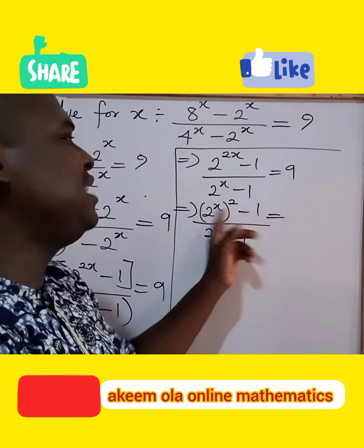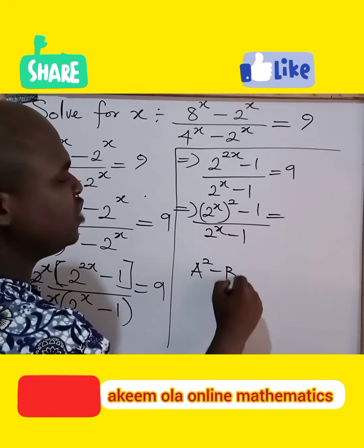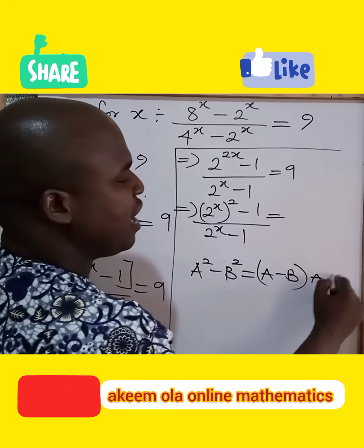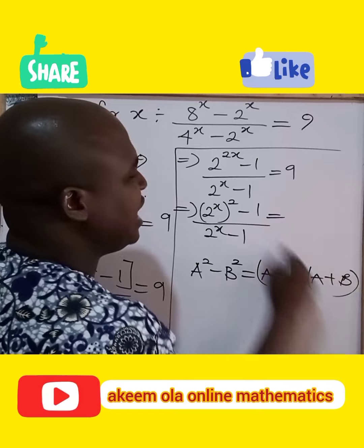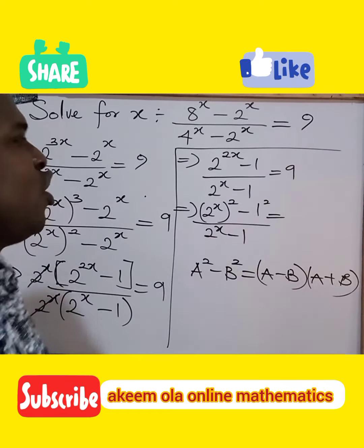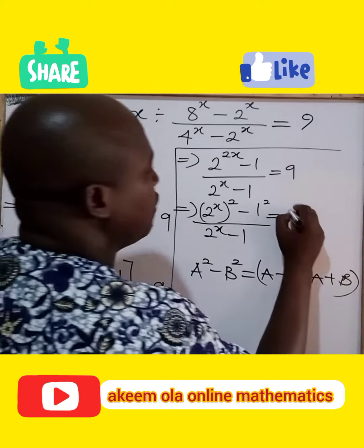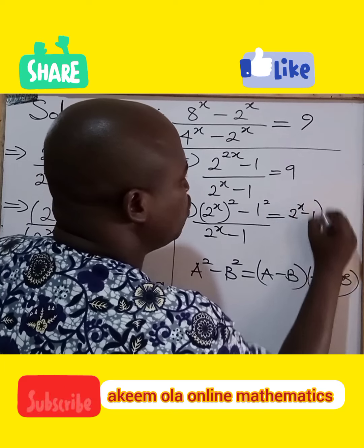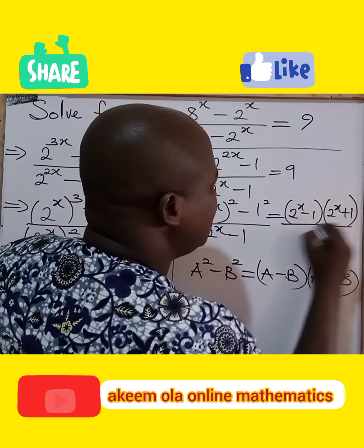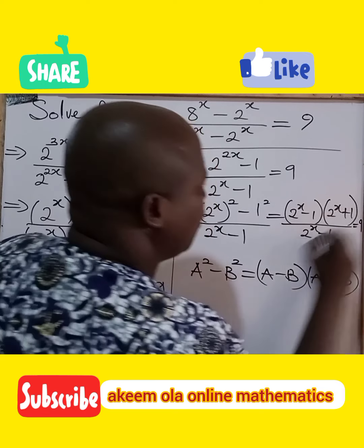We can still simplify this further: when you have a square minus b square, that will be equal to a minus b, a plus b. I can put a square here, it will not affect this equation, 1 square will still give me 1. That means I'm going to have 2 to the power of x minus 1 times 2 to the power of x plus 1, everything all over 2 to the power of x minus 1. Don't forget, everything is equal to 9.